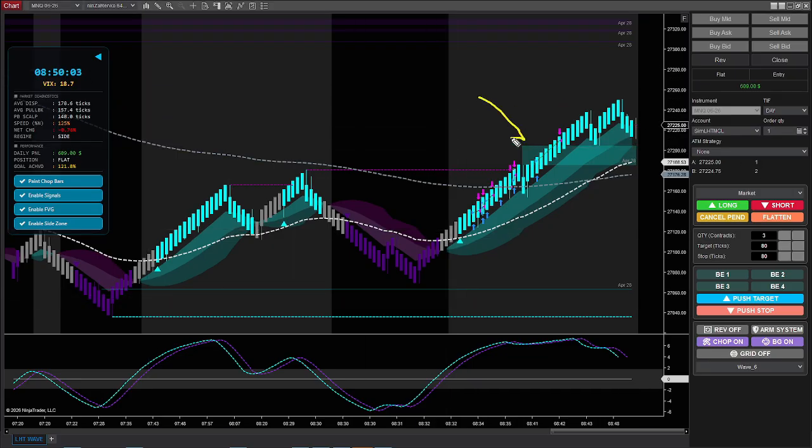There we have a fair value gap zone that has just been shown to us. Let's see how resistant it is to this pullback.